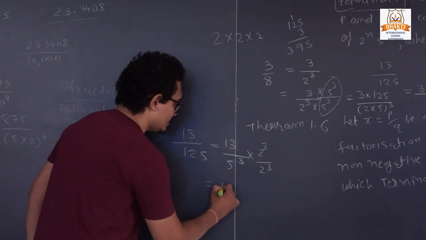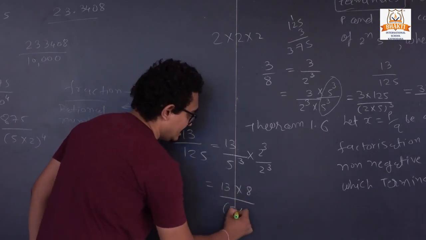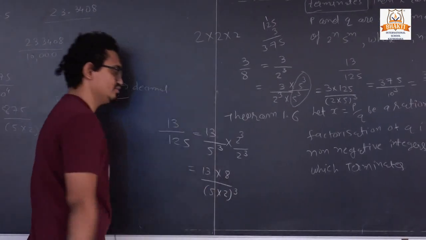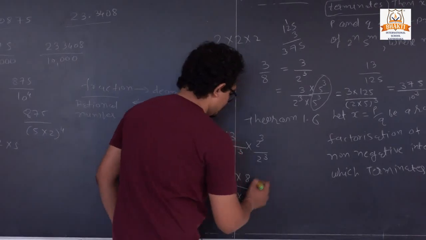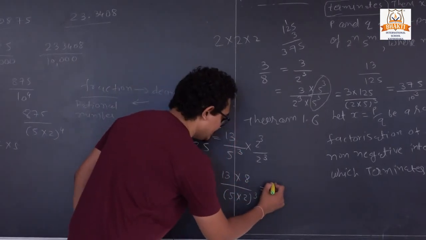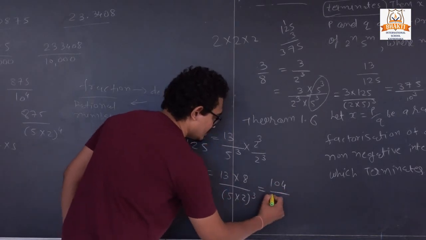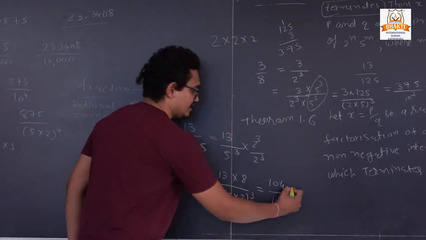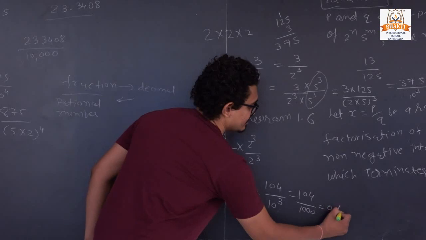So 13 into 8 upon 5 into 2, all raised to 3. So it will be 104 upon 10 raised to 3. Now we can convert that number into the decimal form.